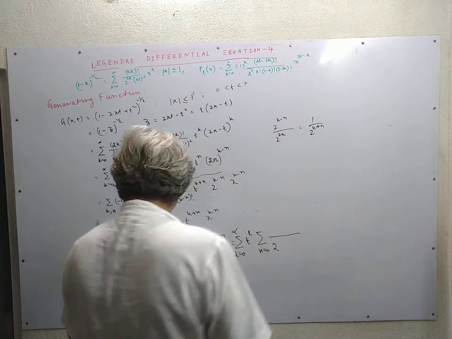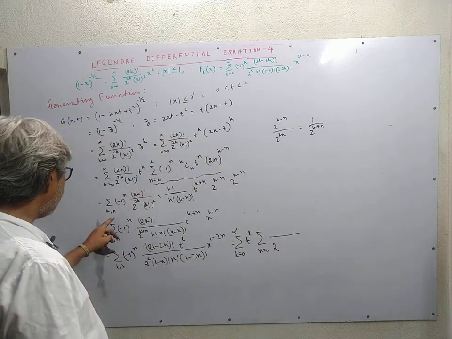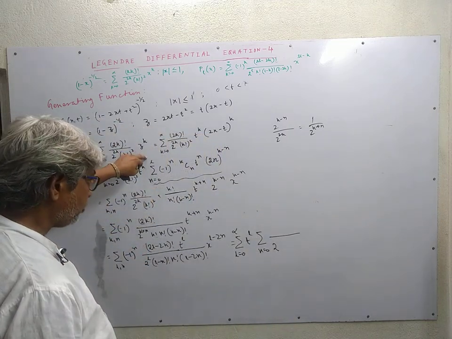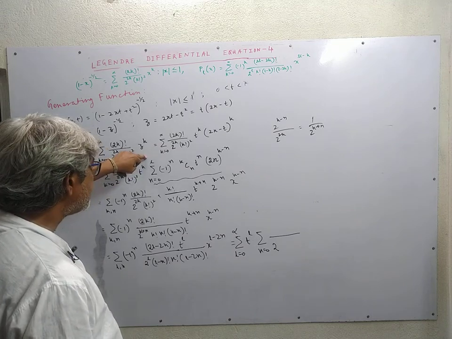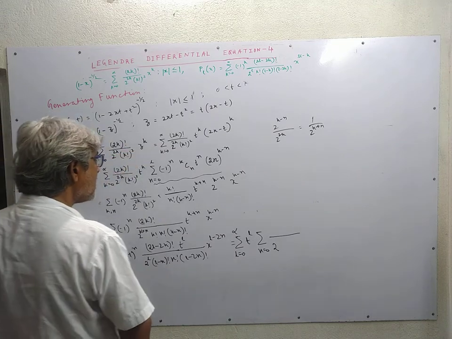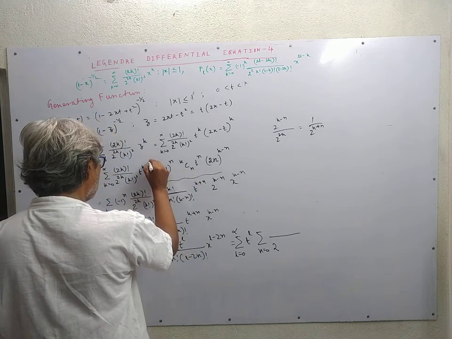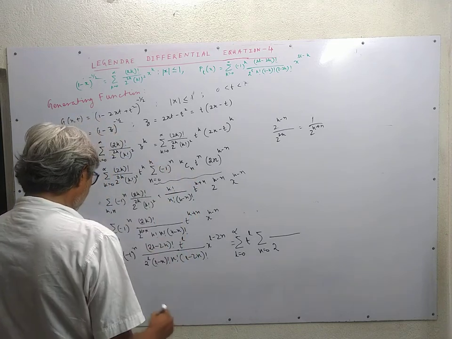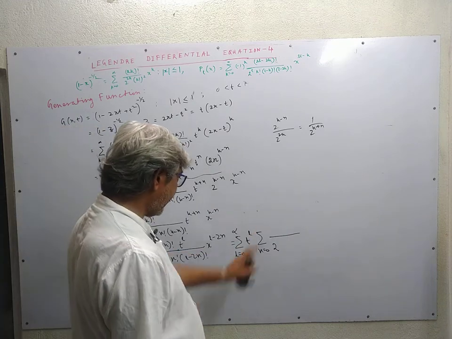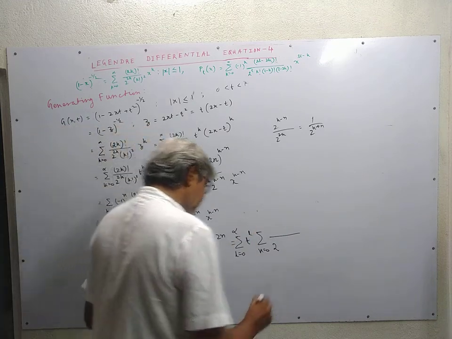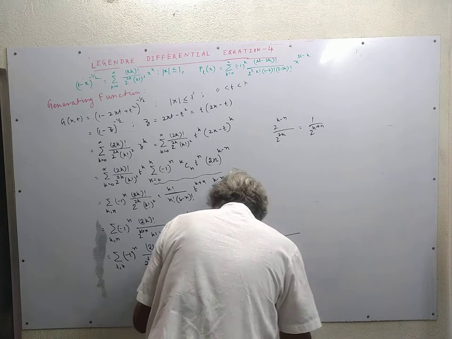Actually, if we come from here, the n sum ranges from 0 to k, sorry, it is 0 to k, then it should be an infinite sum, but there will be some restriction. Let me write it first.